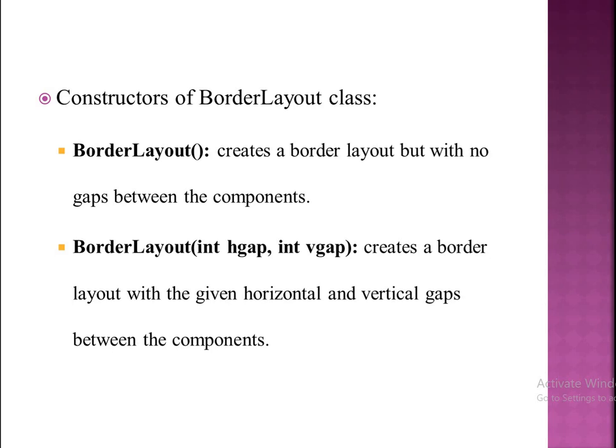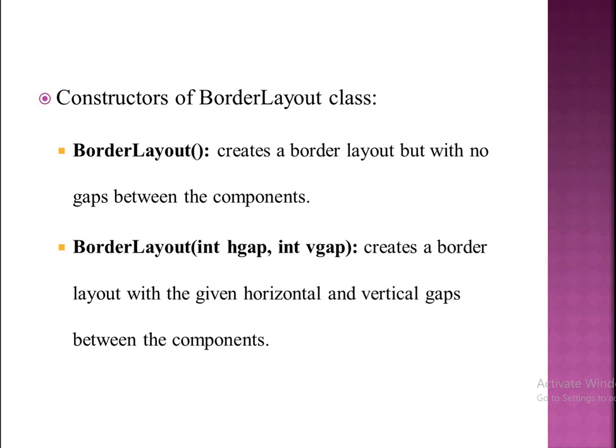Now, the constructors of BorderLayout. First, BorderLayout(), which creates a border layout with no gap between the components. This is the default setting for the BorderLayout. If we want some gap between these components, we can provide parameters like BorderLayout(int hgap, int vgap), that is the horizontal gap and the vertical gap.